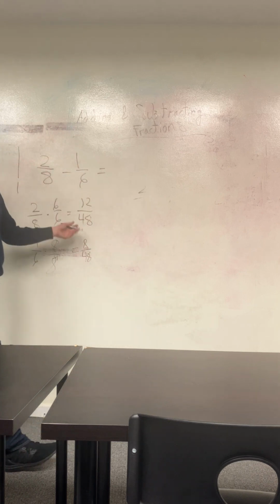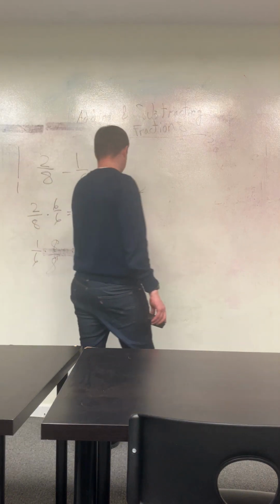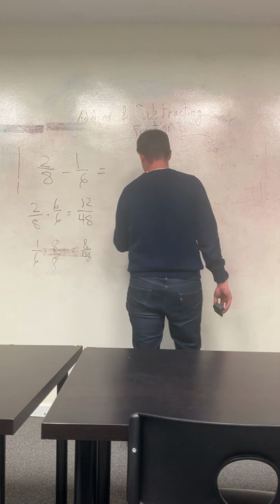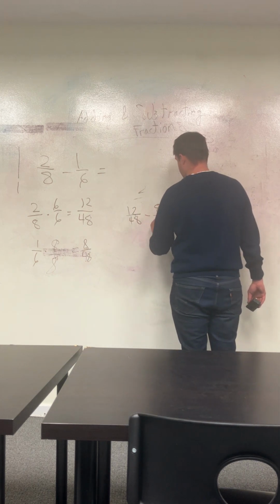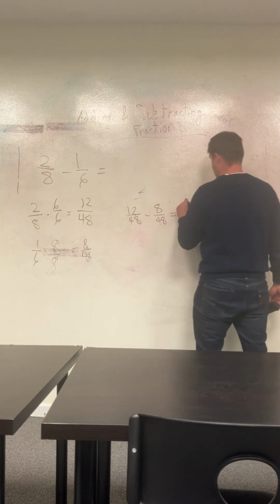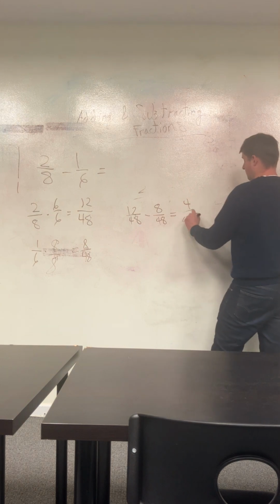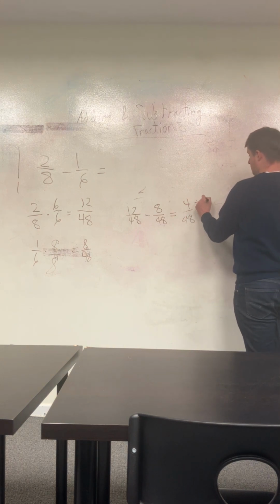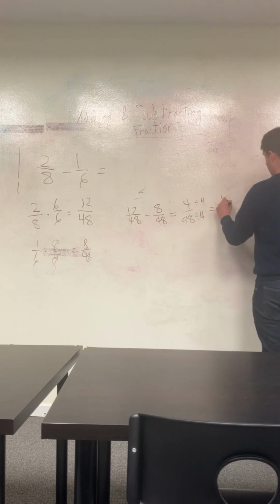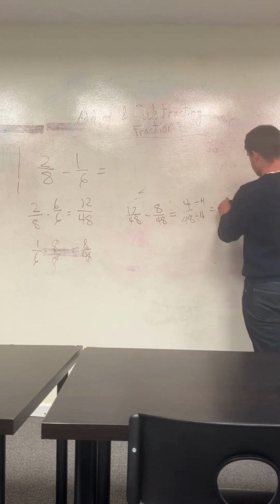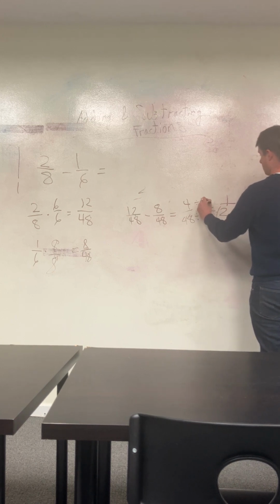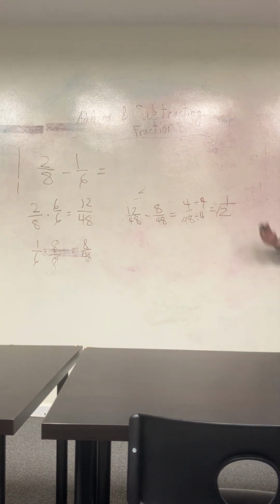That's fine, it's just a bigger number. We would have 12 over 48 minus 8 over 48, which is 4 over 48. And then we would have had to simplify that. When we divide each of these by 4, they come out to 1 over 12, the same answer. So it's all the same.